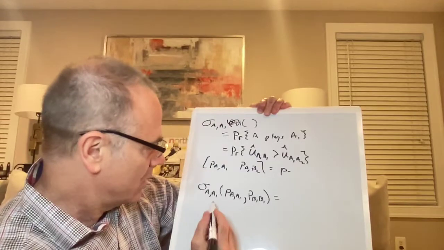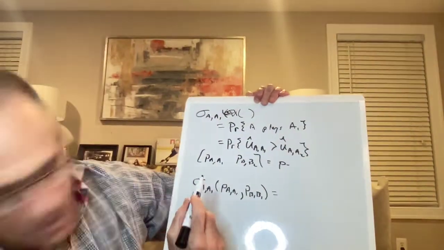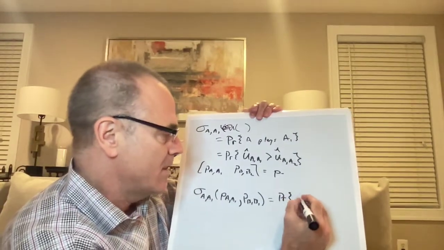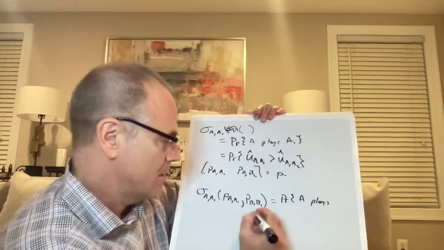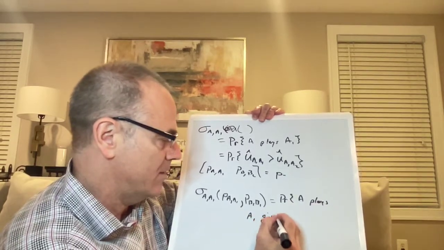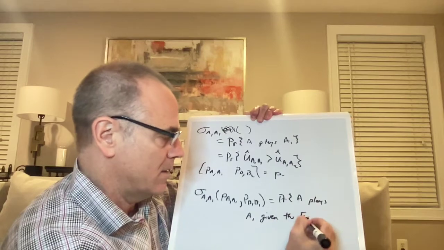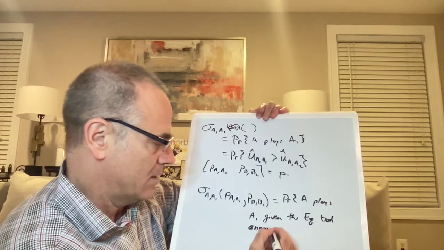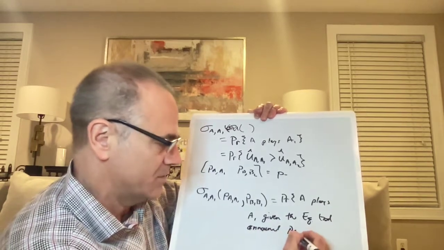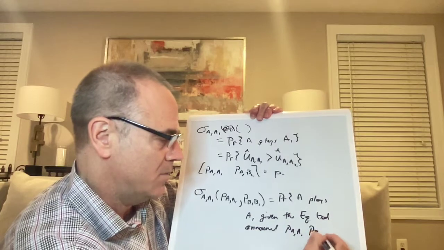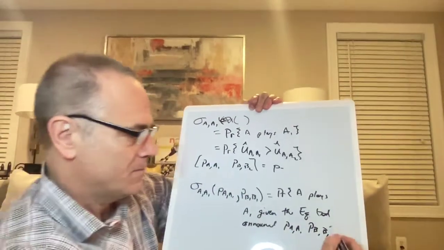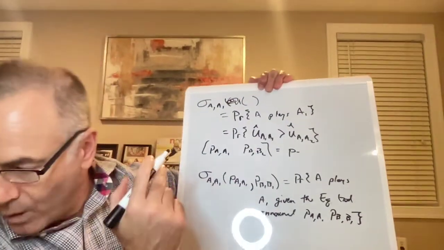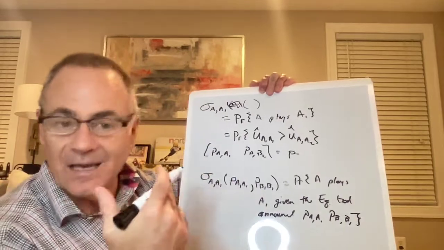So sigma equals, remember this, the probability A plays A1 given the equilibrium God announced these values, PA A1, PB B1. Now what we want is an equilibrium.